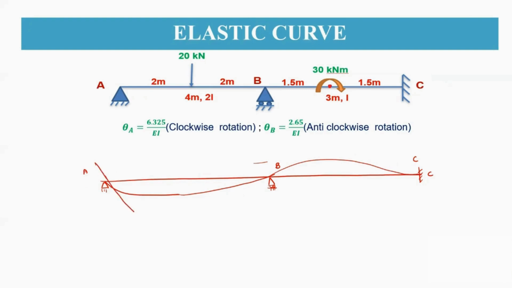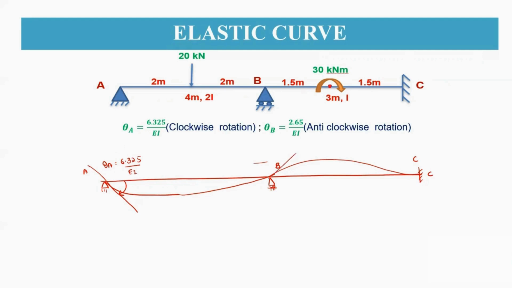So when we draw a tangent to this point, this is in the clockwise direction. So here theta A will be equal to 6.325 by EI.